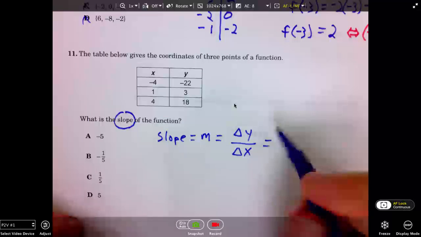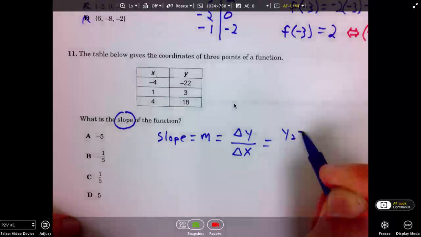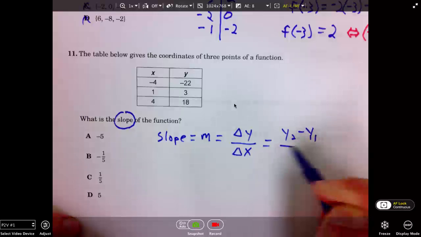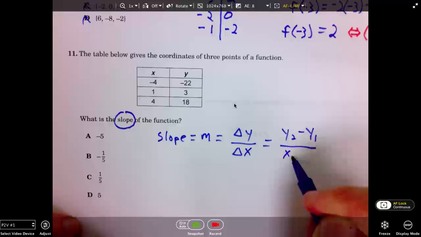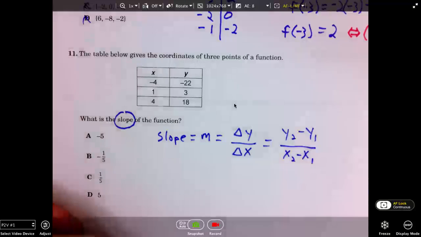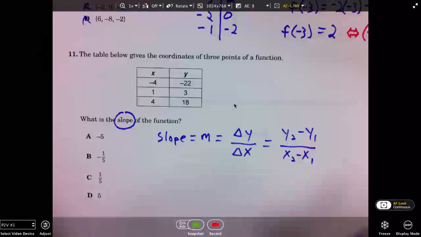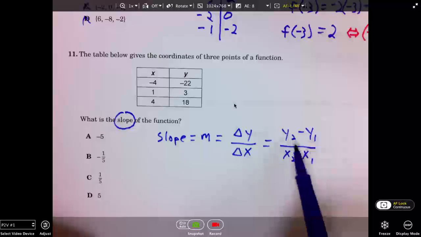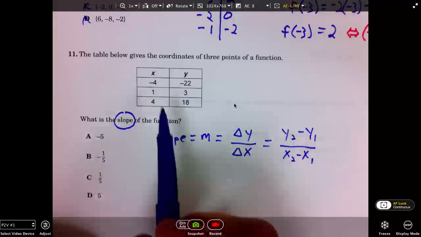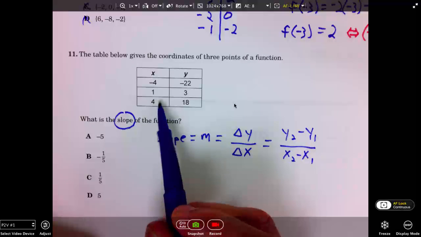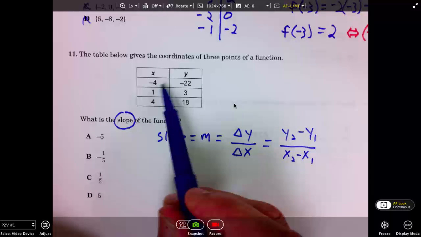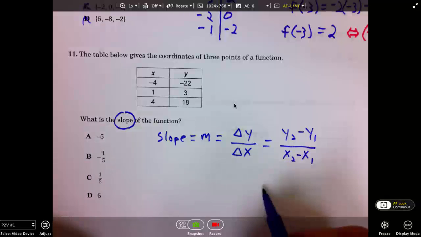The change in y is a couple of y values subtracted. Change in x, a couple of x values subtracted, corresponding. All right. I'm going to use the formula and show the bottom 2 points. Why the bottom 2? Well, they don't involve negatives, so perhaps that's a little easier to use.